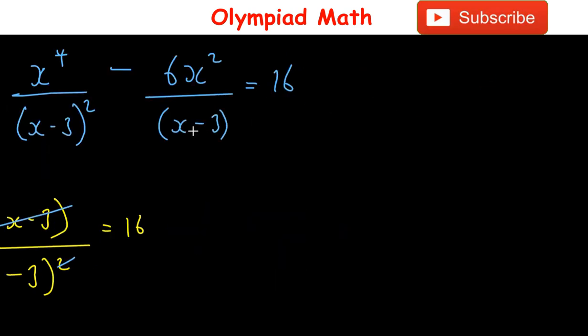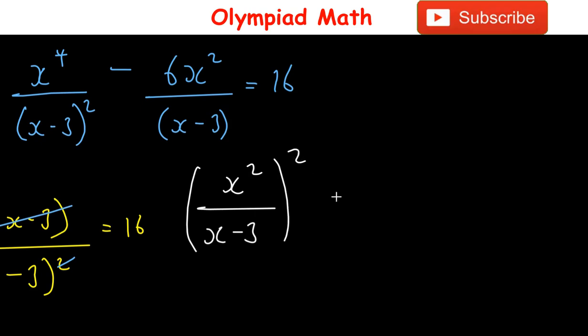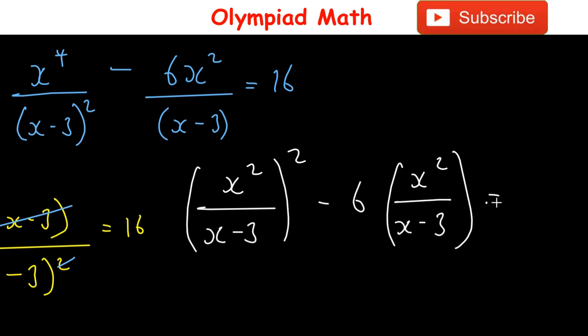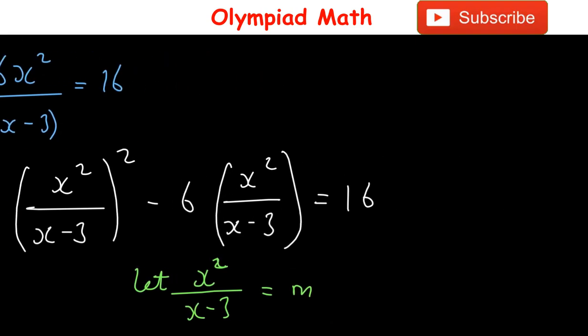This equation can be expressed as in bracket x squared over x minus 3 all raised to power 2, then minus 6 into bracket x squared over x minus 3, and this equals 16. Next, let x squared divided by x minus 3 equal m, such that this equation becomes m squared minus 6m equals 16.